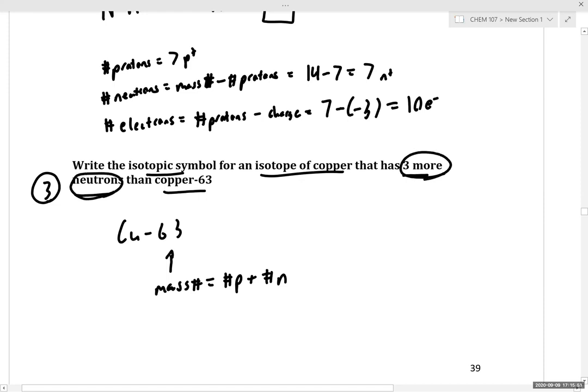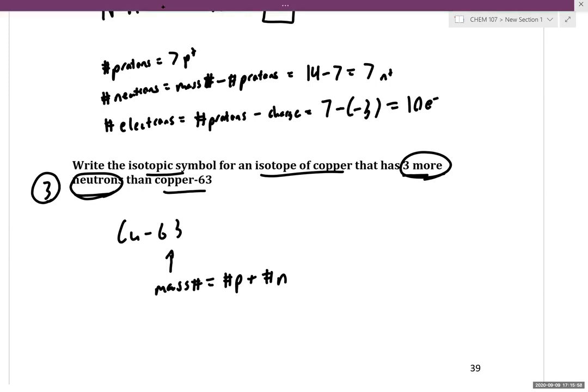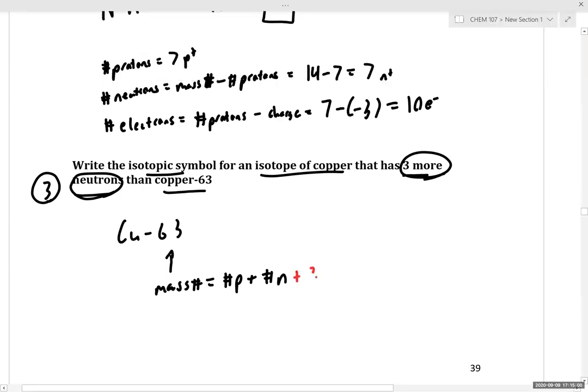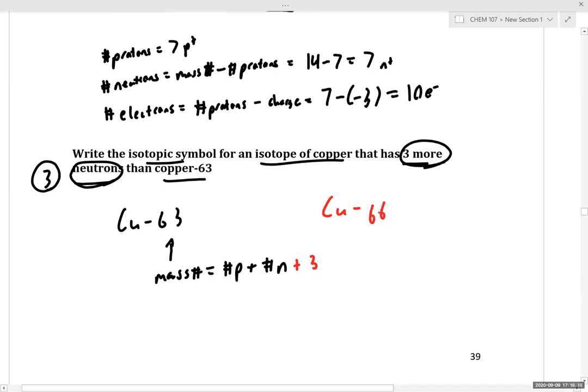Will our mass number go up or down? Up, right? So if I add 3 to this, what's going to be my new mass number? If I add 3 neutrons to my mass number of 63, we get copper 66.